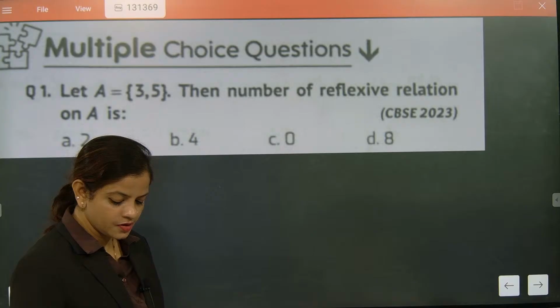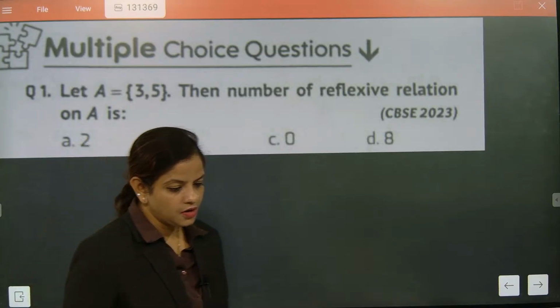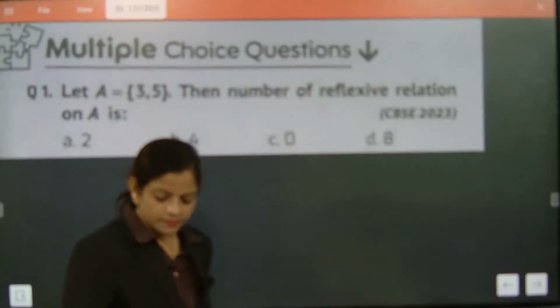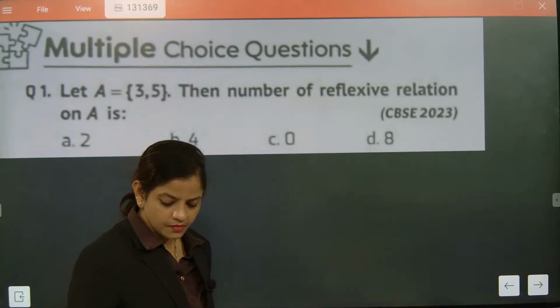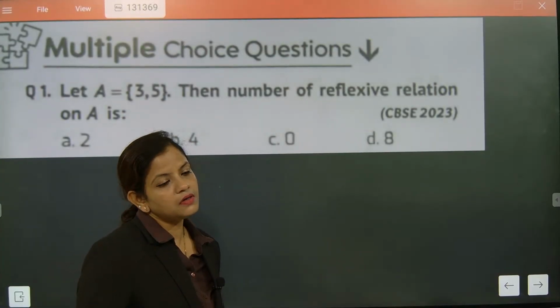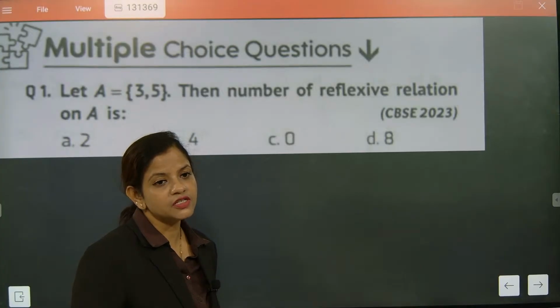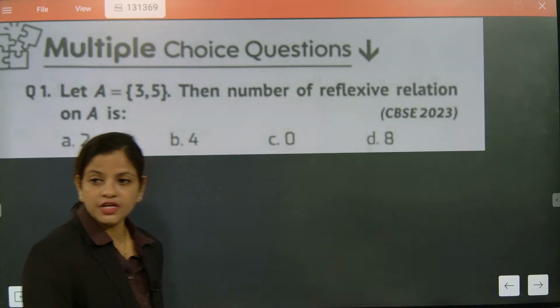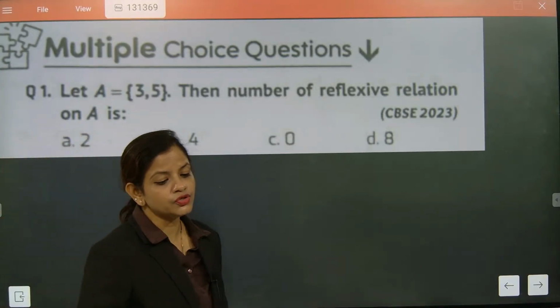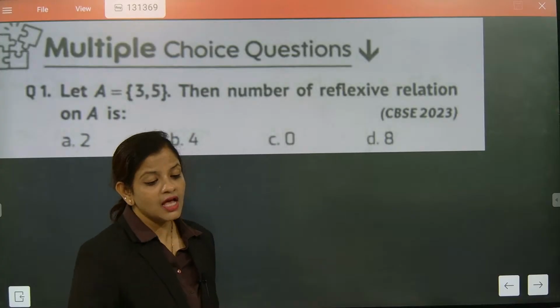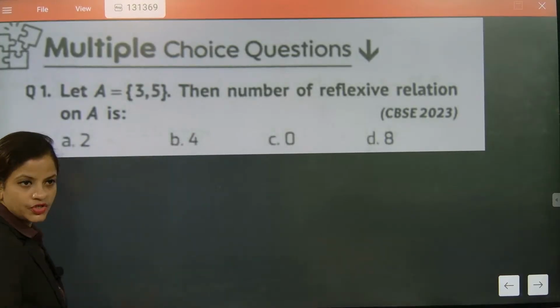Okay, let's check how many are telling. How many reflexive relations are possible? So beta, first you check how many elements. First I will teach you this question.